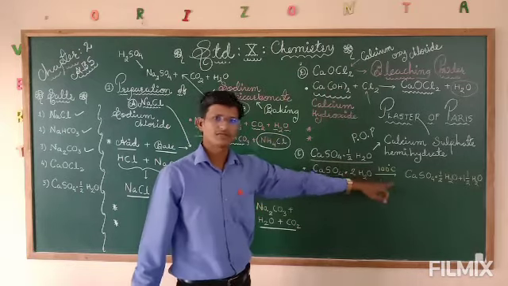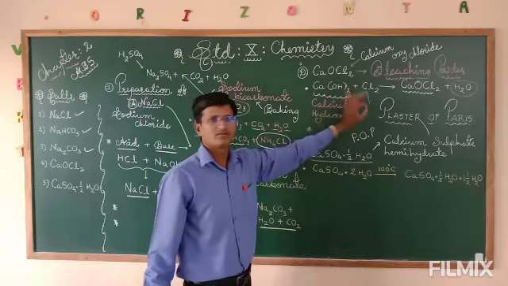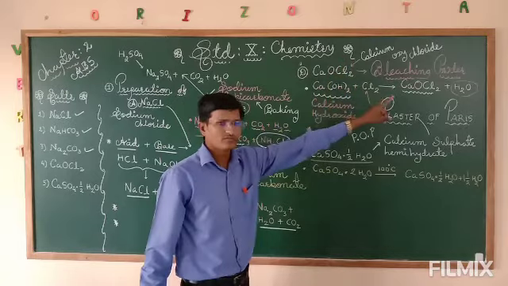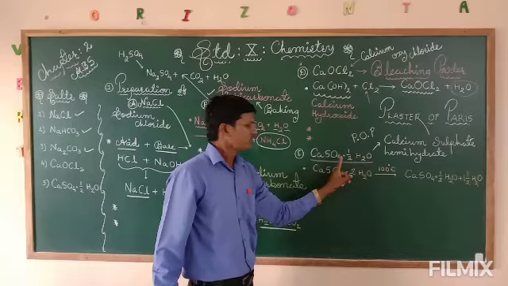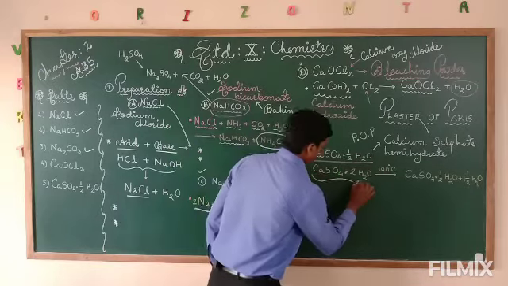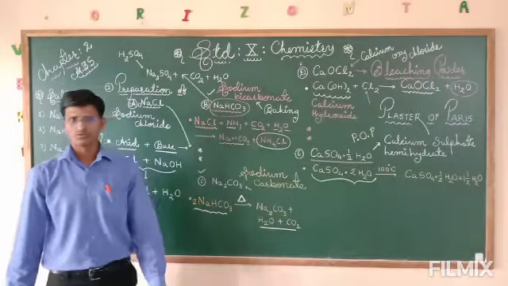Bleaching powder or plaster of Paris, each and every year they ask you to write the chemical formula or chemical equation of bleaching powder formation and plaster of Paris formation. So here we have CaSO4 into 2H2O.